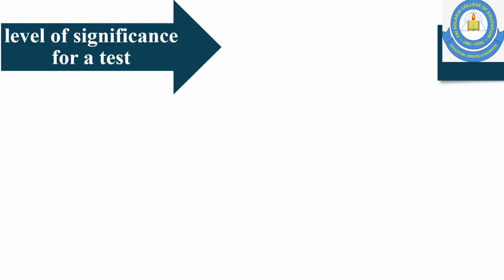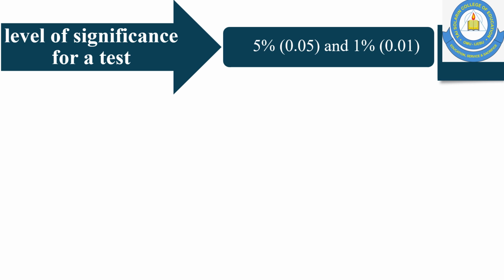Level of significance for a test. The level of significance, or significance level, is referred to as a criterion of judgment upon which a decision is made regarding the value stated in the null hypothesis. In most researches in education, two alpha levels are used, and these are 5% with 0.05 and 1% with 0.01.